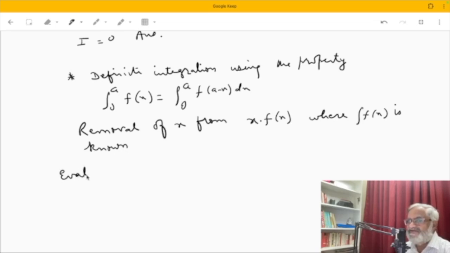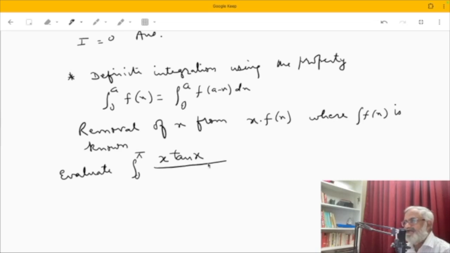Evaluate the integration from 0 to pi of x tan x whole upon sec x plus tan x dx.